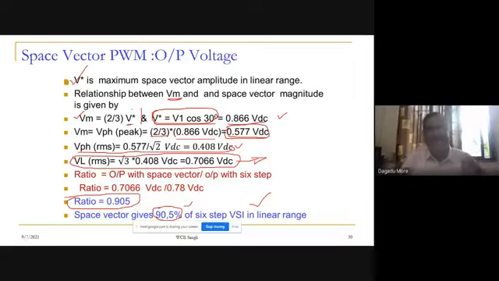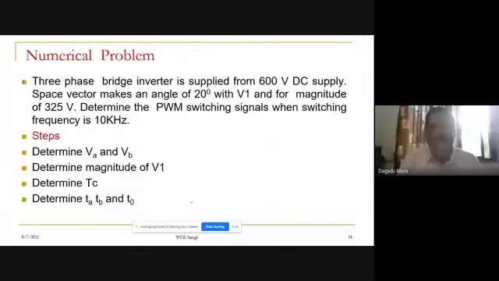So is it clear? We just compare space vector PWM with the 6 step inverter, or you can call it space vector PWM with 180 degrees mode of conduction. Any question? Now there is a numerical problem. You try it, it is just a substitution problem.